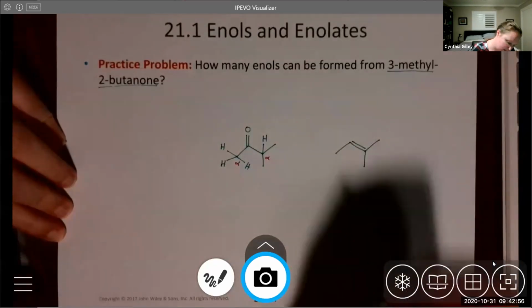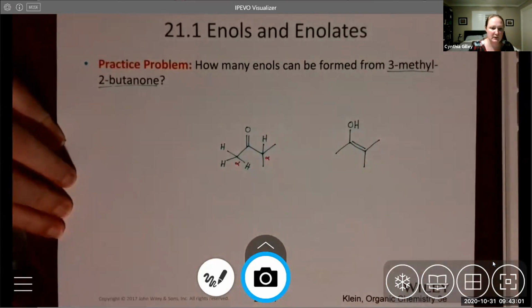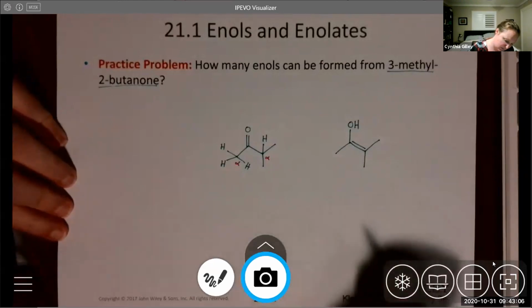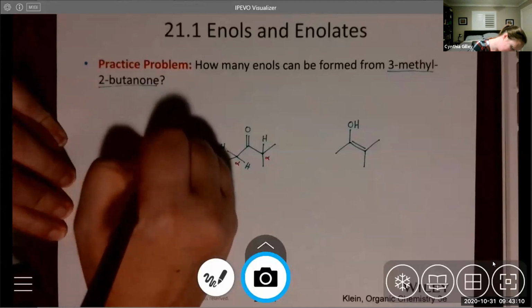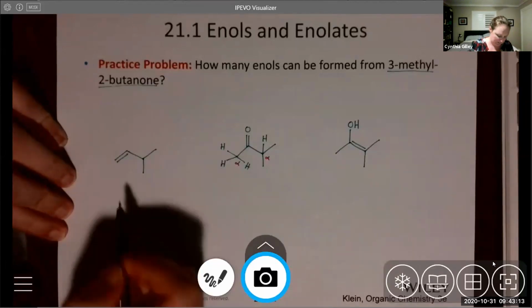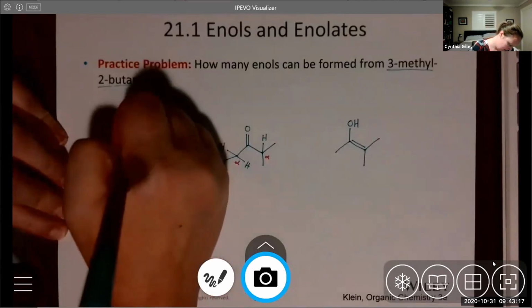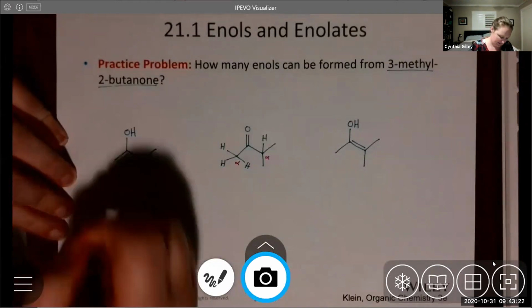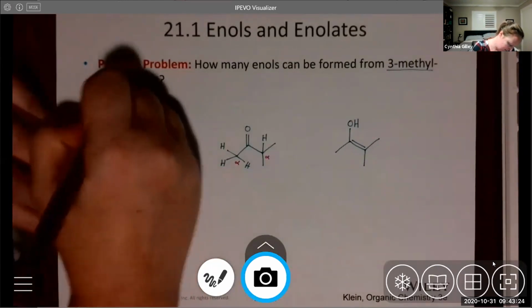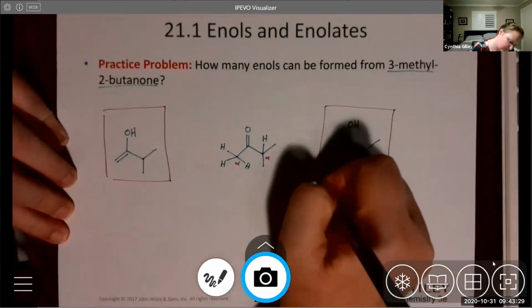We'll make a double bond between those 2 carbons and an OH group where the carbonyl was. And also we can go the other direction with our double bond, right? Placing it between the alpha carbon on the left and the carbonyl carbon along with an OH group. Right? So this is 1 enol and this is the other enol that can be formed.